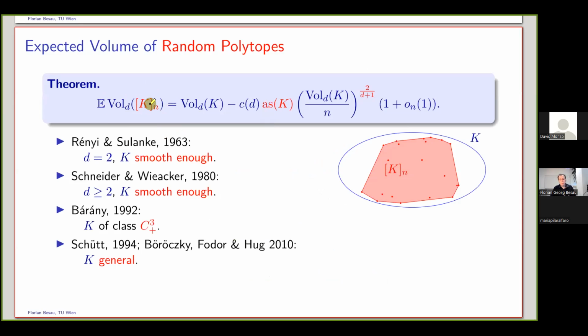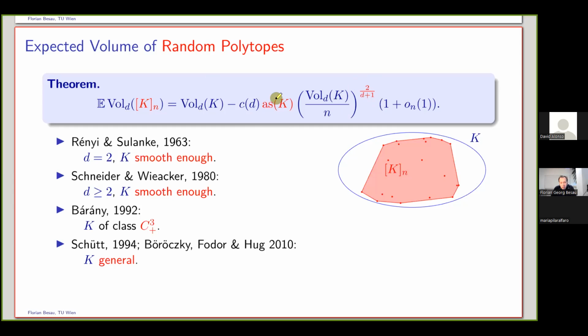When the number of points goes to infinity, you would expect this to converge to the volume of your original convex body K. The interesting part here is the error term, which tells us that the rate of convergence is 1 over n to the power 2 over d plus 1. This controls how fast we approach the volume of K. Then there is a geometric quantity appearing here, depending on K, the so-called affine surface area.